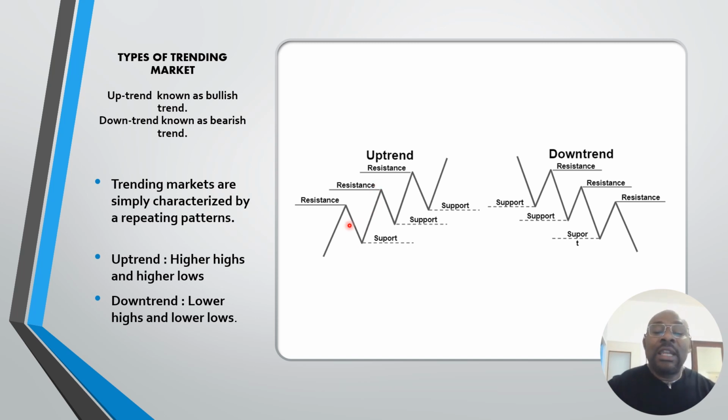Your target, if you so desire, will be here, the next resistance level, before it starts another retracement. You have already taken your profit. Now you wait for it to retrace again before it starts another impulsive move. You make your entry, then you just flow with the trend.